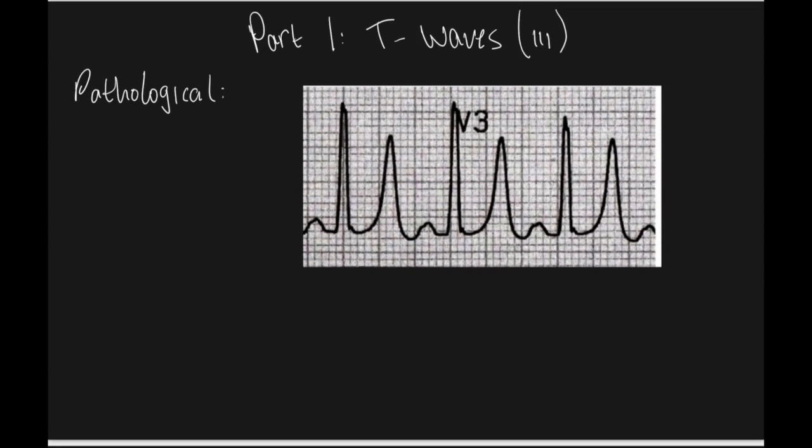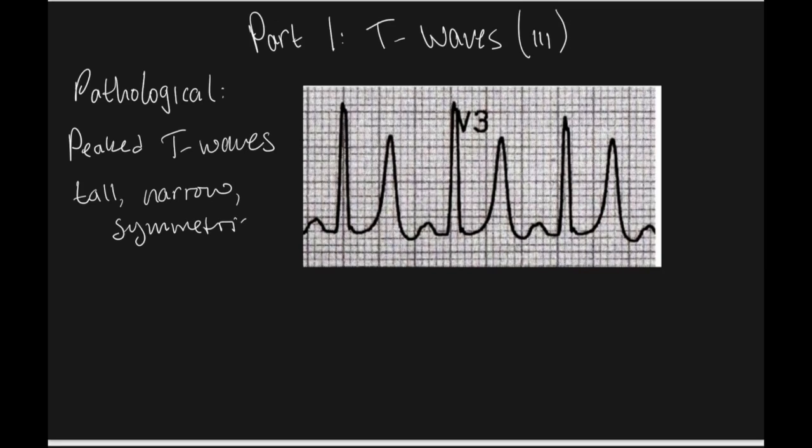Now, some T waves can become pathological, and in this case we have peaked T waves, and those are described as tall, narrow, and symmetric. If we look at the example here, it's tall, narrow, symmetric.